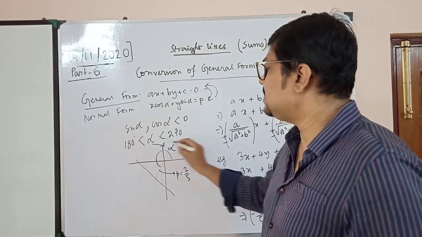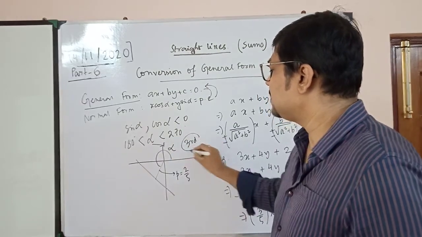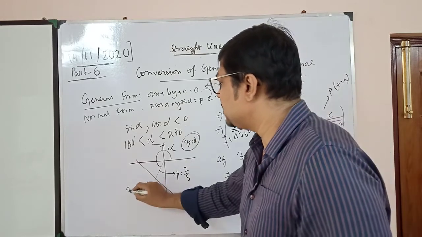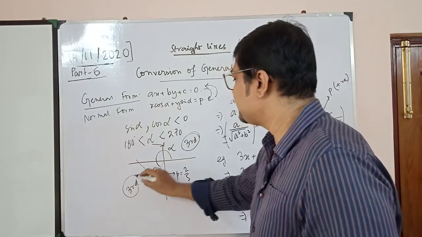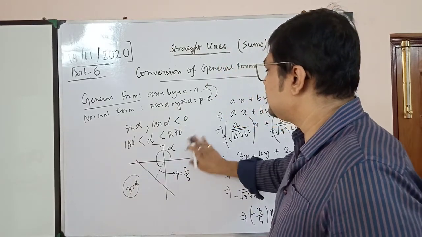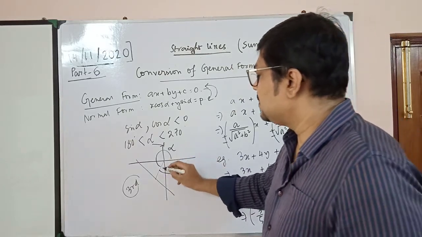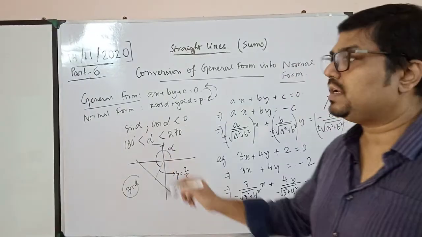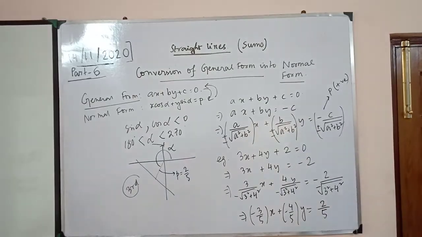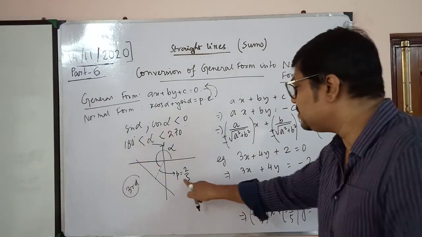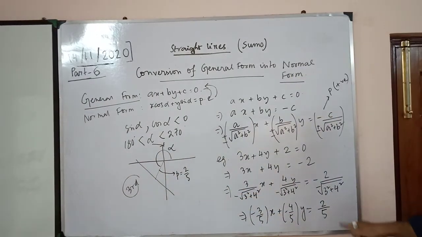Okay, this is the third quadrant. That's why sin alpha, cos alpha both values are negative, but p is as usual positive. So in this way we can draw the normal form equation.